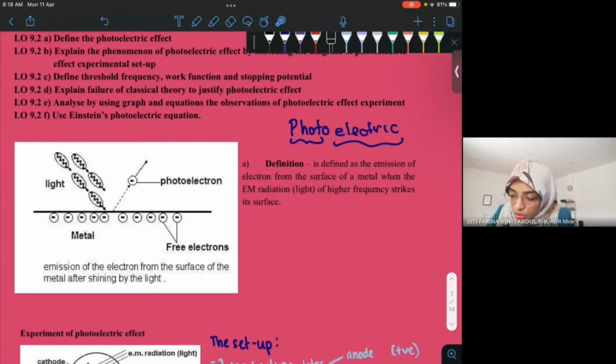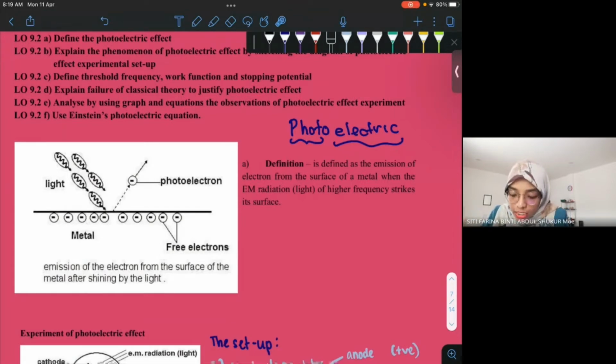Okay, apa maksud definition ni adalah you are going to have a metal surface. Kita akan ada metal lah. Okay, pada permukaan metal itu kita akan ada elektron yang akan being attracted dekat surface itu. All these electron, okay, being attached to the surface using attractive force. Okay, so kita ada banyak free electron yang akan align itself on the surface inilah.